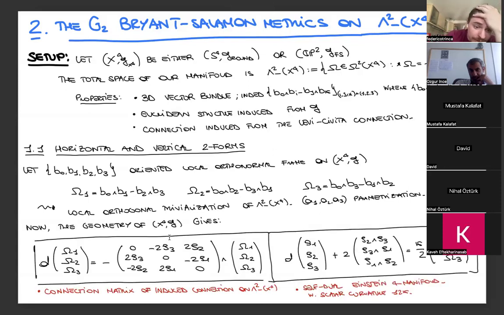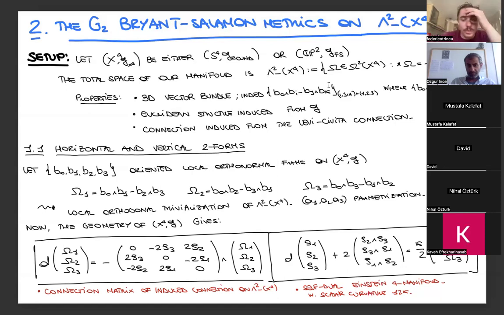Now, for the geometry of X4, we picked some very specific four-dimensional manifolds, and these are going to give us two equations. The first one is the connection matrix of the induced connection on this bundle, and you have the first equation here, and the second equation is telling us that X4 is a self-dual Einstein manifold with scalar curvature equal to 12K.